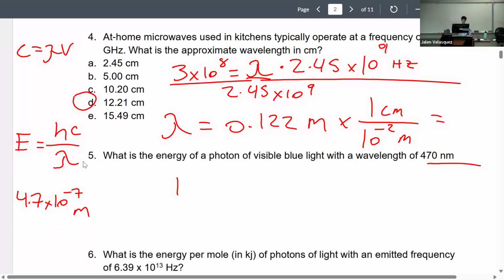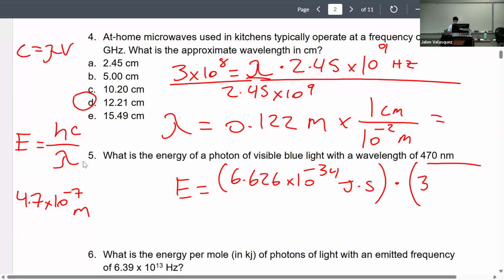Then we plug in, so E is H times C. So H, remember, is Planck's constant. 6.626 times 10 to the negative 34 joules times seconds times C, which is the speed of light, which is meter per second.